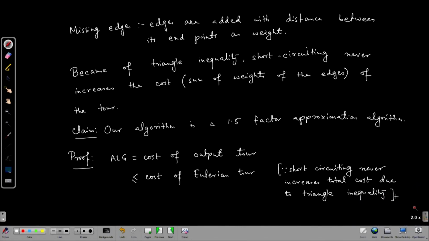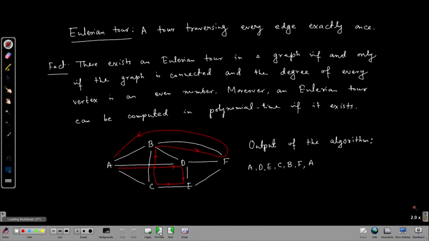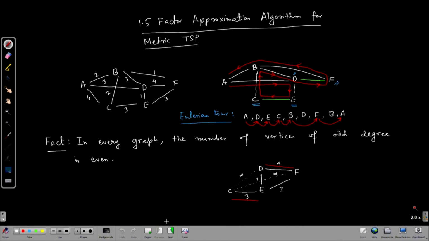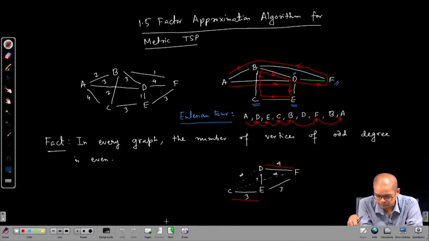But what does the Eulerian tour consist of? It traverses all the edges exactly once, and there are two kinds of edges. One is spanning tree edges, another is these matching edges.